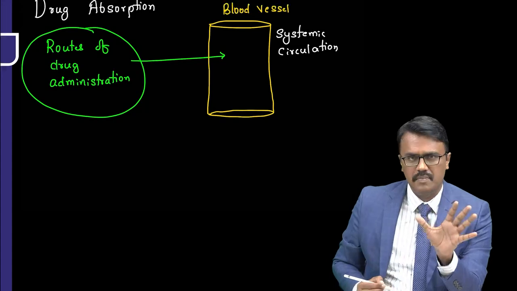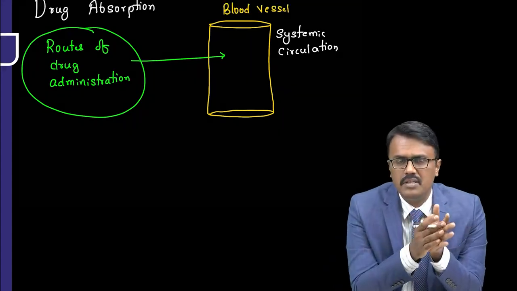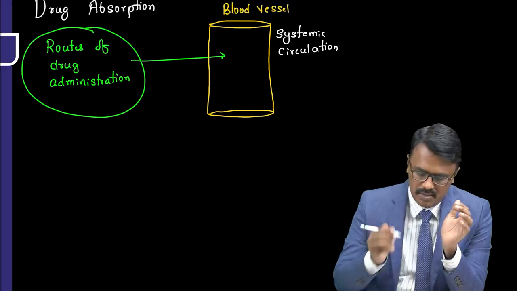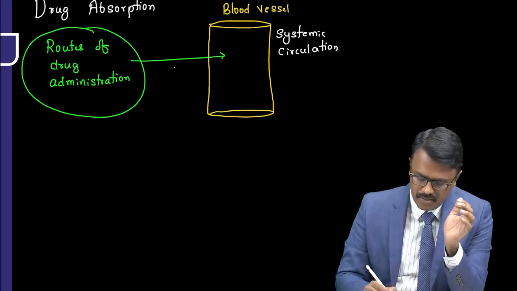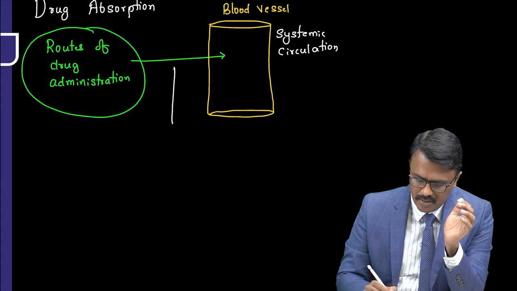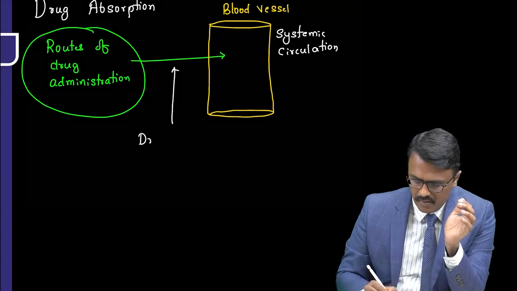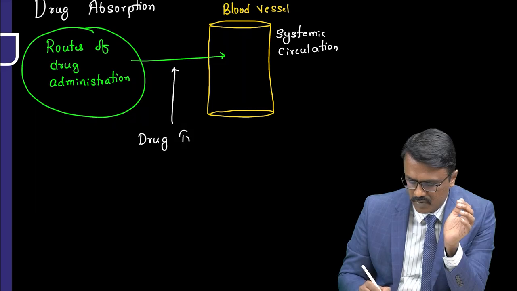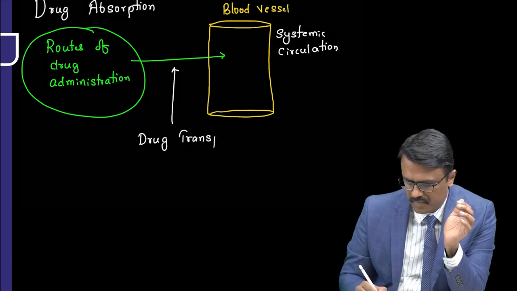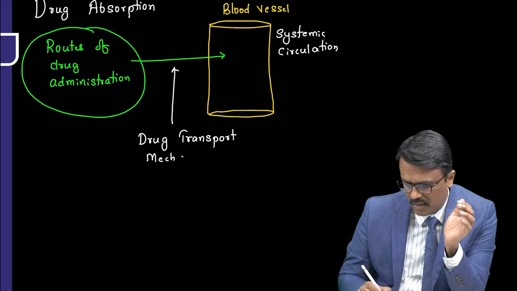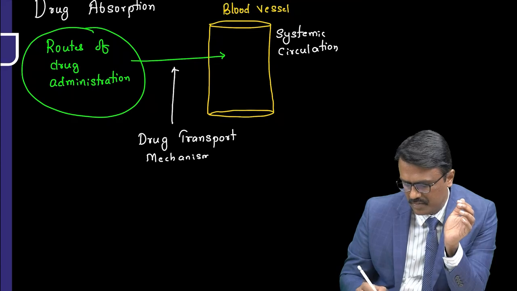So absorption is nothing but, from the route of administration, the drug has to reach the systemic circulation. But in between we have a process which will help in this absorption, and they are called drug transport mechanisms. There are certain drug transport mechanisms which will help in the absorption.